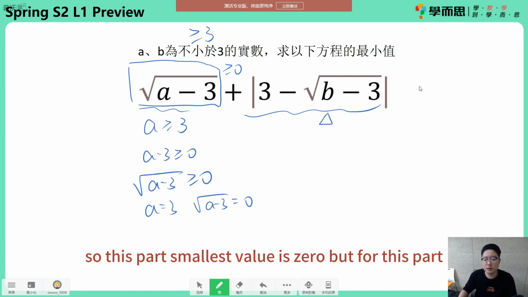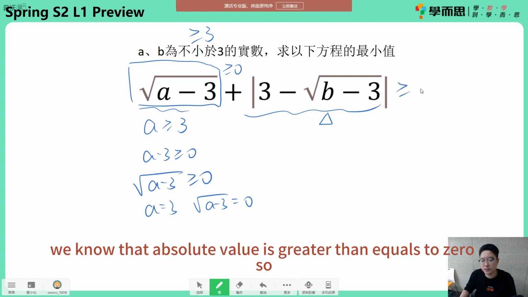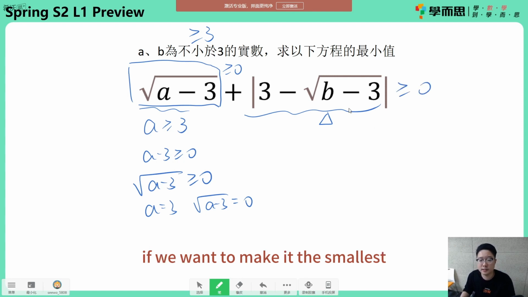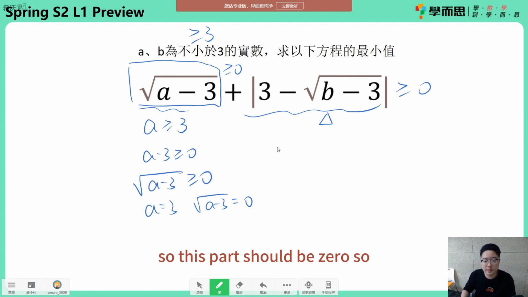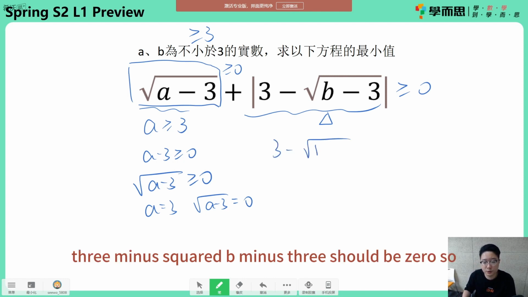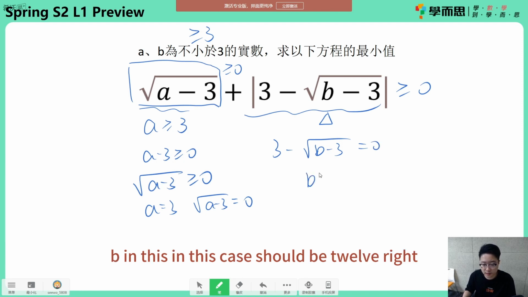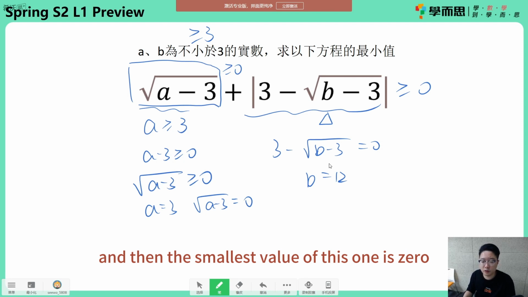But for this part, we know that absolute value is greater than or equal to 0. So if we want to make it the smallest, this part should be 0. So 3 minus square root of b minus 3 should be 0. So b in this case should be 12, right? And then the smallest value of this one is 0.